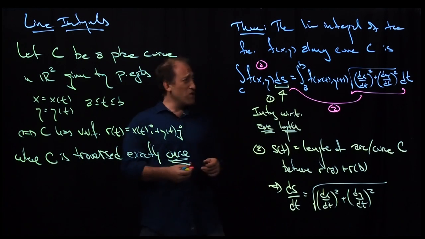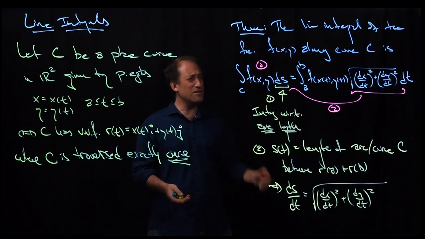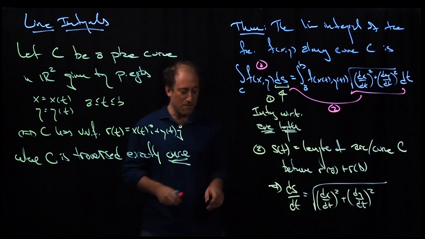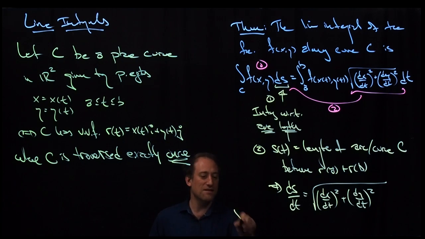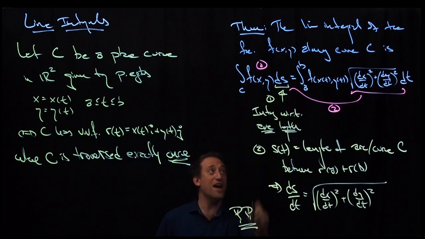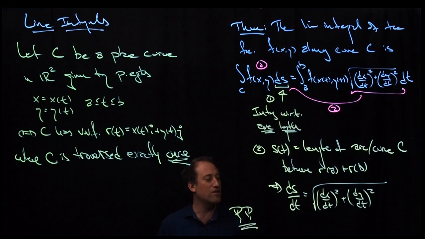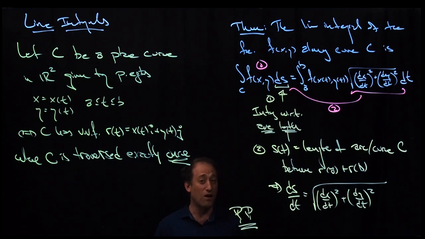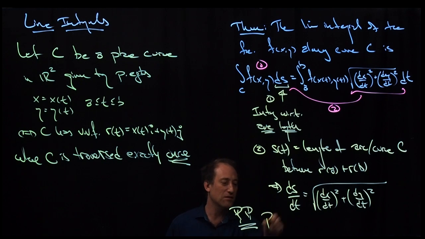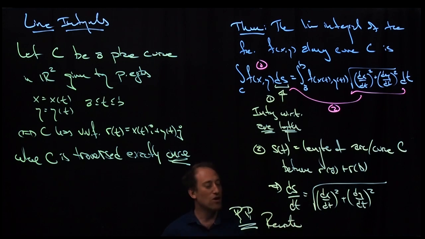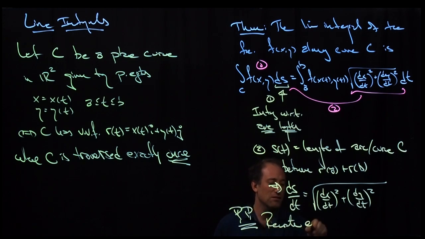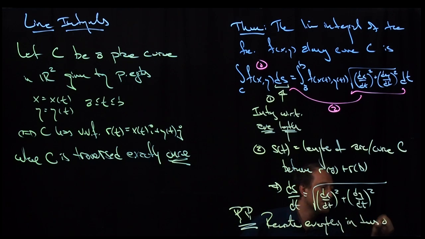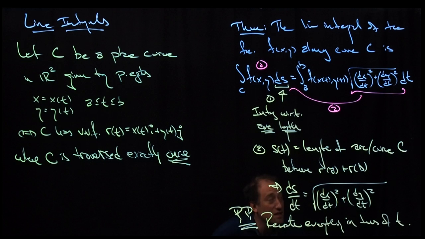And then I suppose a final third remark, though it's really not a step, but does bear mentioning, is that the challenge here, so far I've just laid out a formula, is to rewrite everything in terms of the parameter t. So rewrite everything in terms of t.